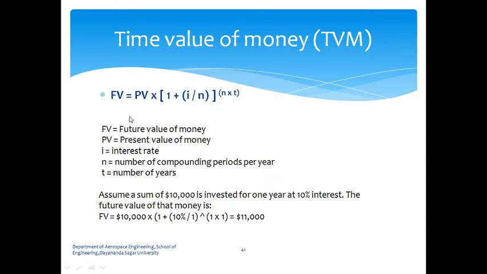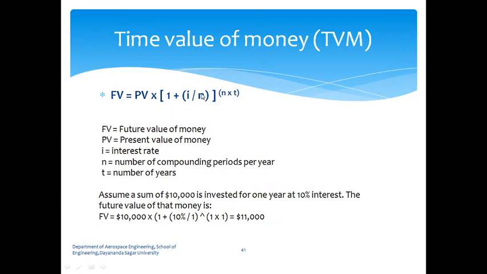In early days you could have understood that total is equal to principal into (1 + r/100) to the power of n. That is the compound interest formula. The same thing I'm using here. Future value of money equals present value of money multiplied by (1 + i/n). Here i is the interest rate per annum, and n is the number of compoundings per year.